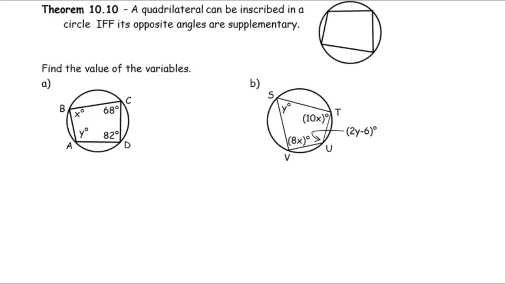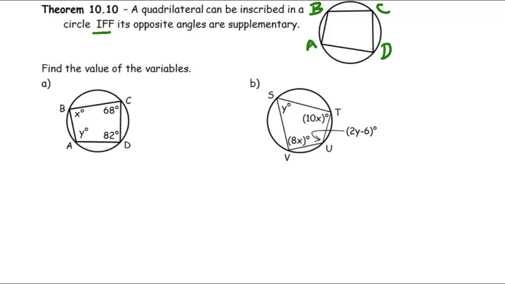Okay, Theorem 10.10 says that a quadrilateral can be inscribed in a circle if and only if, there's our term again, if and only if its opposite angles are supplementary. So we have to pay attention to the fact that just because it's a quadrilateral, and if you remember quadrilaterals before, we talked about consecutive angles being supplementary.